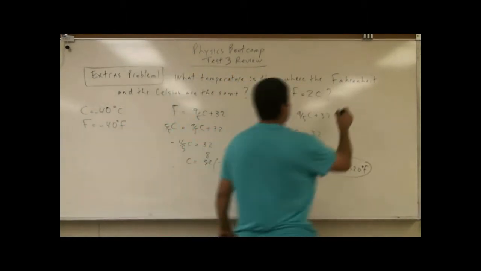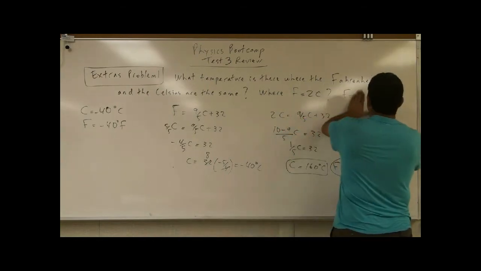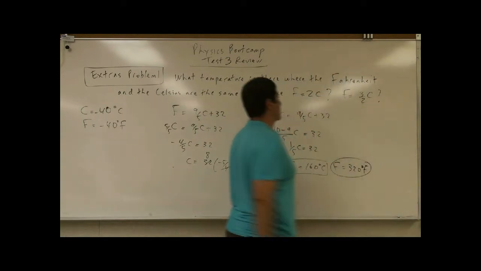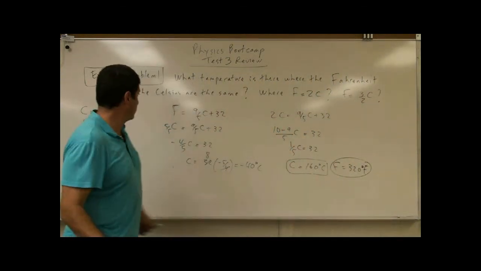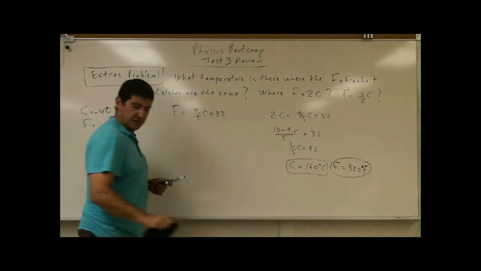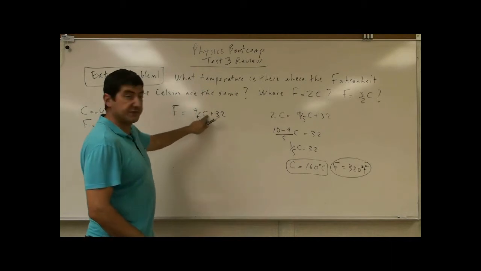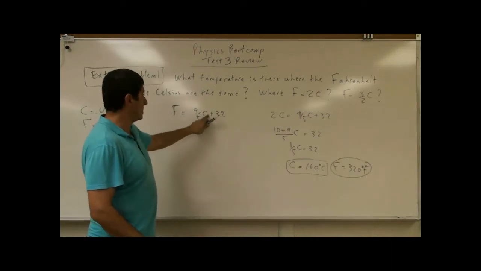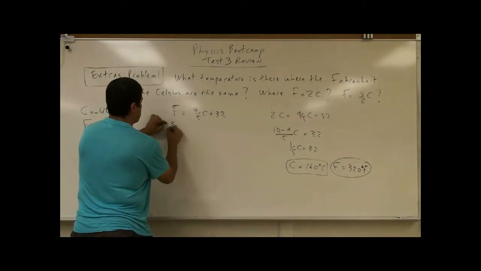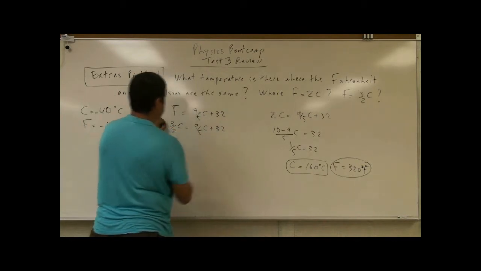How about if the Fahrenheit was 1.5 Celsius? Let's put it like this, 3/2 Celsius. That would be 1.5 of it. Then you're going to notice something here. When F is less than 9/5 C, then the Celsius is going to end up being negative. So here you put 3/2 C is equal to 9/5 C plus 32.